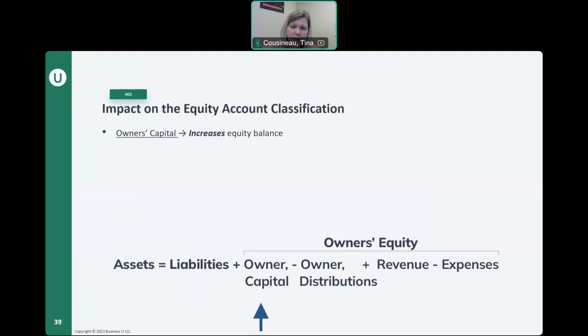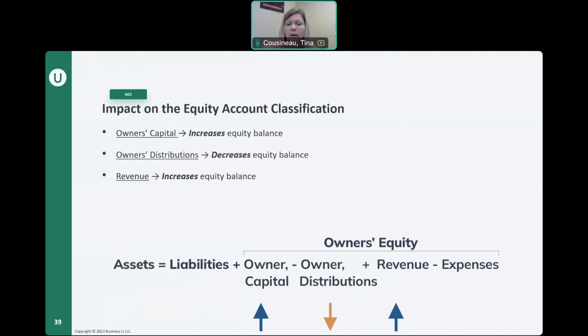So the capital account increases the balance, distribution decreases the balance. So if I invest more money, increase my capital account, it increases the equity. If I take money out, it decreases the equity. If I sell something, get revenue, it increases the equity balance. If I have an expense, it decreases the equity balance.